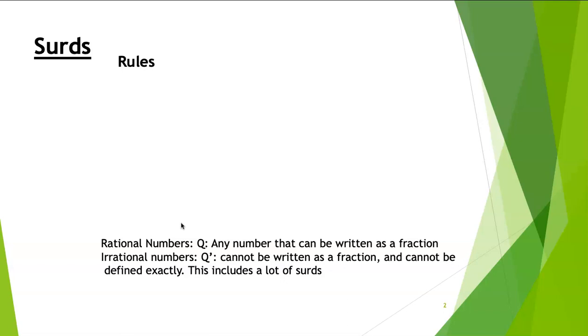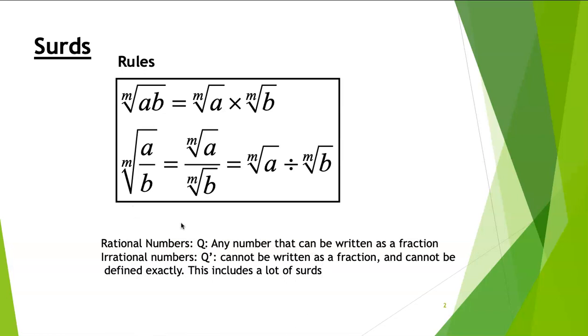Before we start manipulating surds, there are a few rules that we need to learn. The rule is, if you have two numbers multiplied together, inside the square root, or any roots, like third root, fourth root, but we mainly use square roots in level 3, you can rewrite it by splitting them.